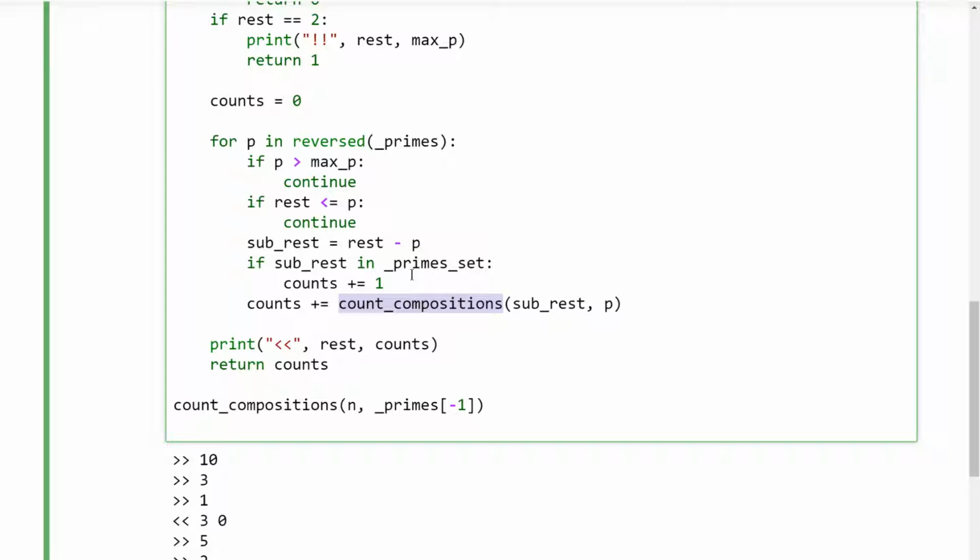I don't know, maybe it just helps to visualize the whole thing. So how many ways to split this up?